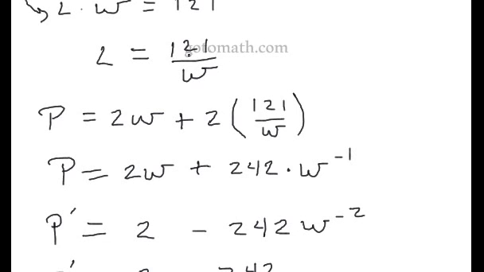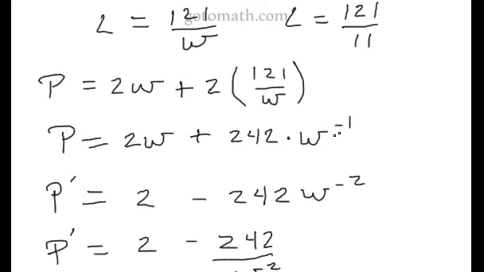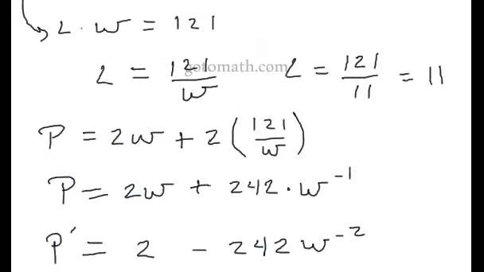So we have L is equal to 121 over W. L is equal to 121 over, and we said that W was 11. And of course that is 11.